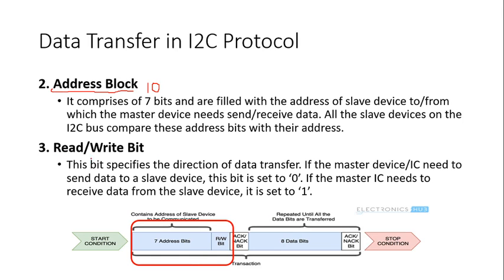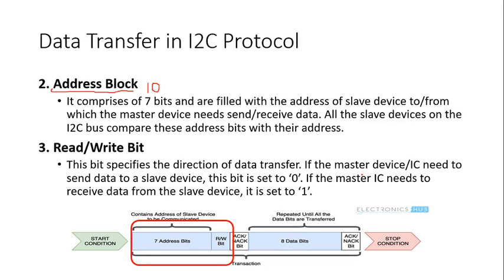Then the third one is the read or write bit. This bit specifies the direction of the data transfer. If the master device needs to send data to a slave device, this bit is set to 0.